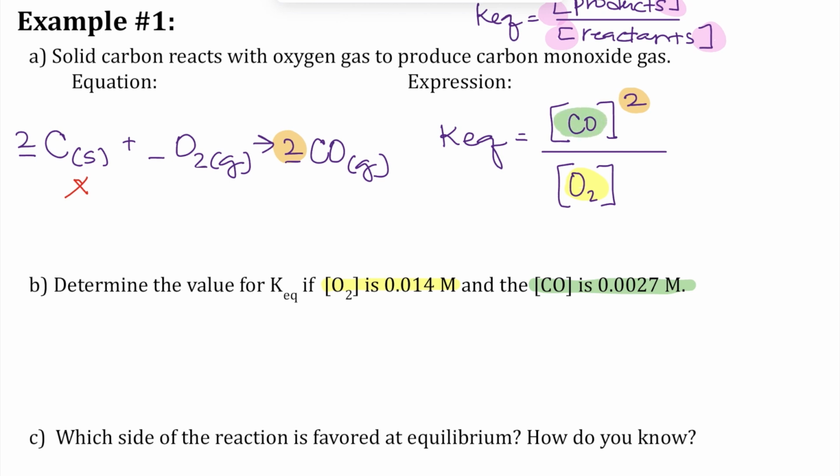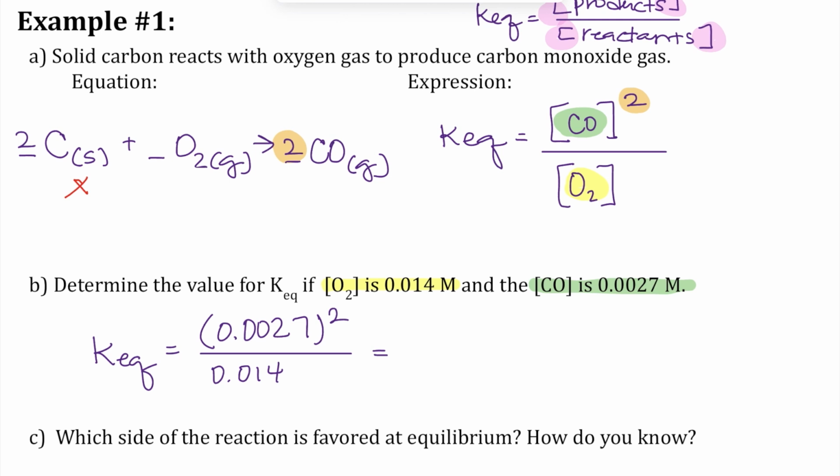And now we're able to figure out the value of KEQ. We've got our carbon monoxide, 0.0027 squared, all over that 0.0144, and then we can go to our calculator and plug that in.